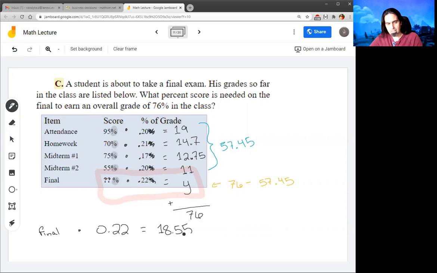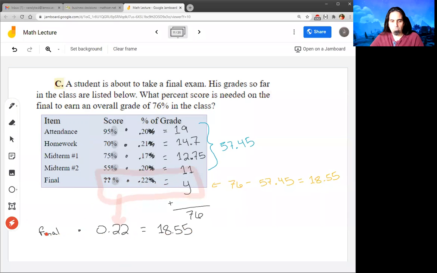I suppose I should put that up here. So my final score multiplied by 0.22 is equal to this thing, which we just found was 18.55.